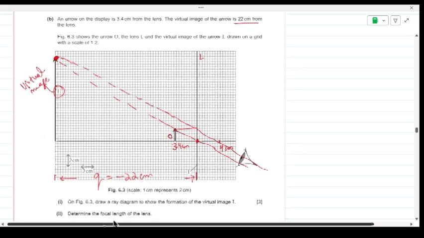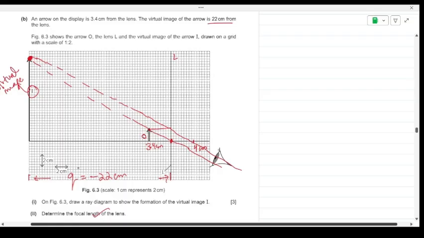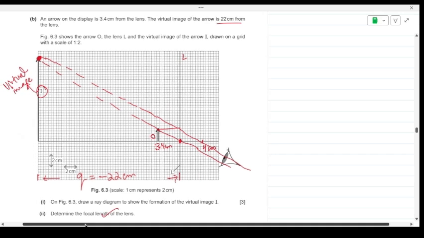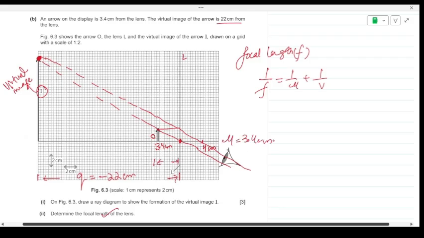Now you have to calculate the focal length of the lens. You know the object distance, you know the image distance, so you can calculate the focal length by using the lens formula. The nature of the image is virtual, erect, and magnified. The formula is 1 upon f equals 1 upon u plus 1 upon v. Here u equals 3.4 centimeter and v equals minus 22.